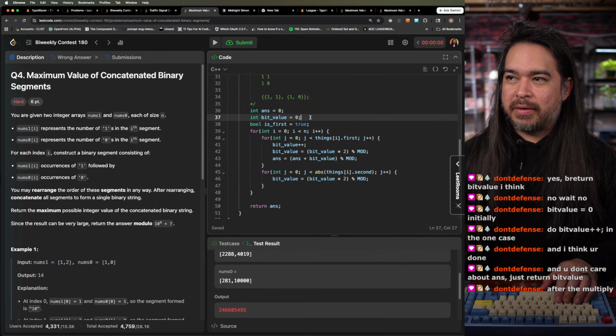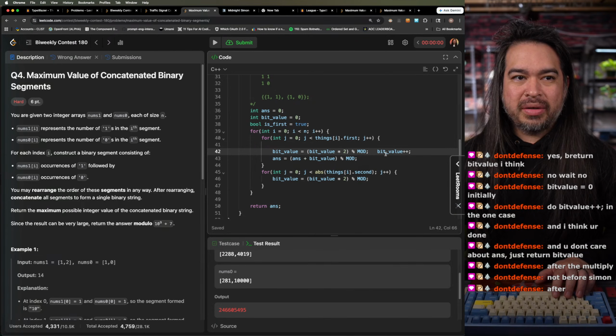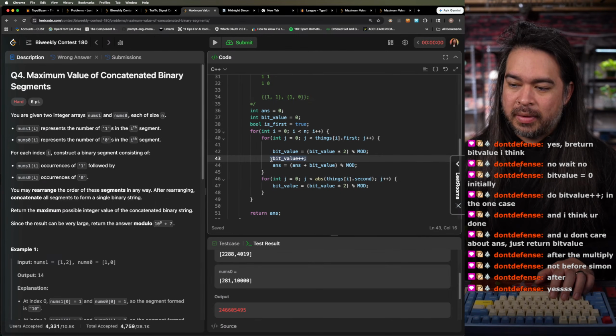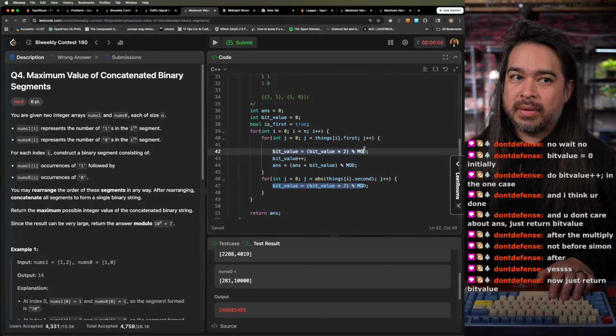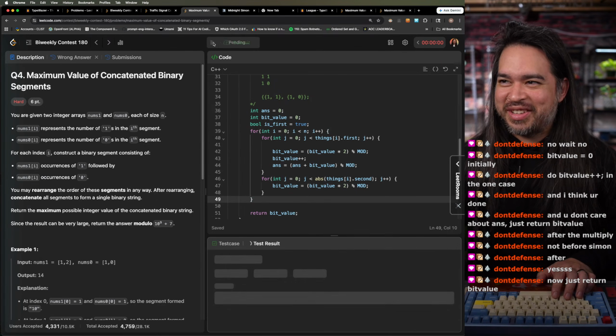So this gets it from 0 to 1, but then what? Are you saying do it down there? So you times it by 2 and you add 1. No, you're not adding 1. So what are you talking about?